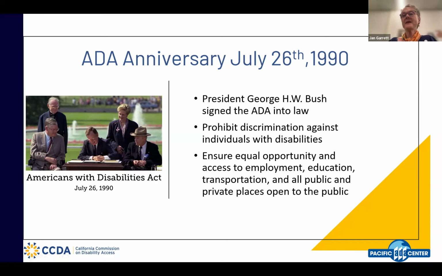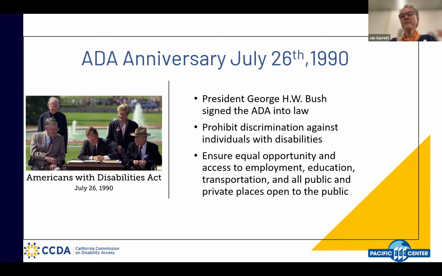The ADA was signed into law on July 26th of 1990. So next week, it will be 34 years old. President George H.W. Bush signed the ADA into law, and it prohibits discrimination against people with disabilities and ensures equal opportunity and access to employment, education, transportation, and all public and private places open to the public.